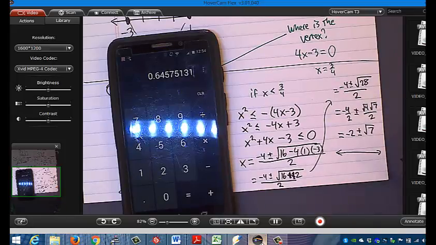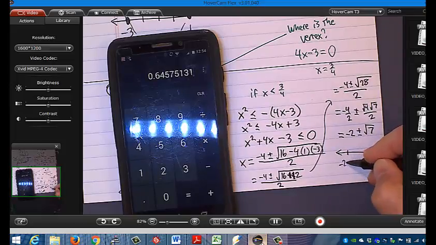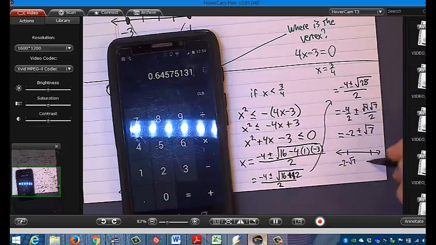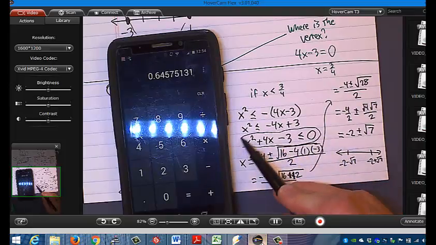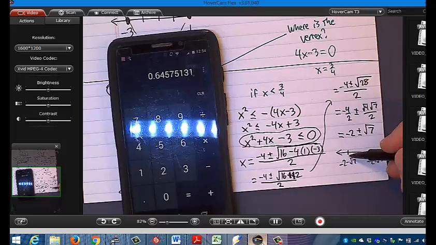So you're going to get from negative 2 minus the square root of 7 to negative 2 plus the square root of 7. Okay, we want those solutions. And we want to figure out where we are less than or equal to 0.